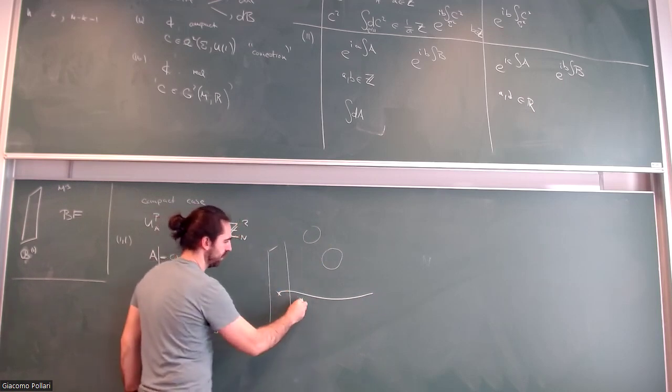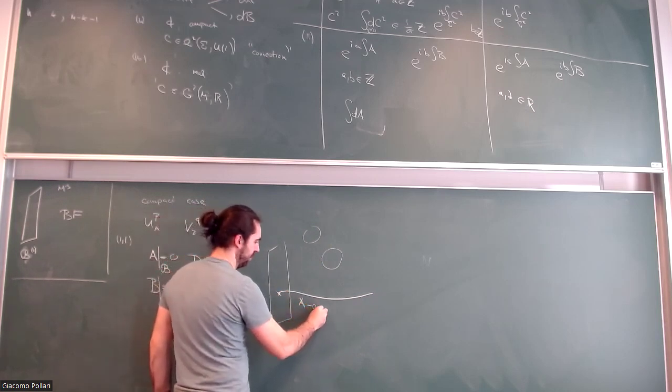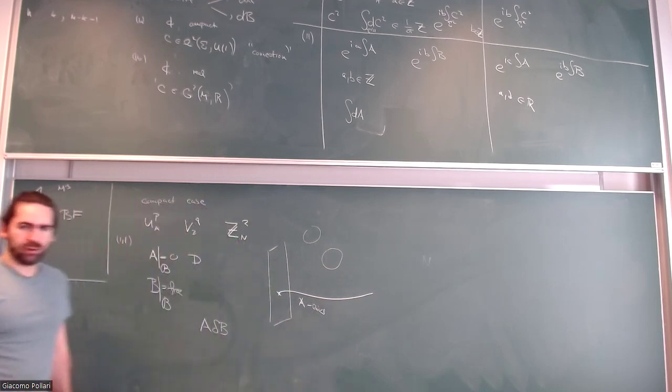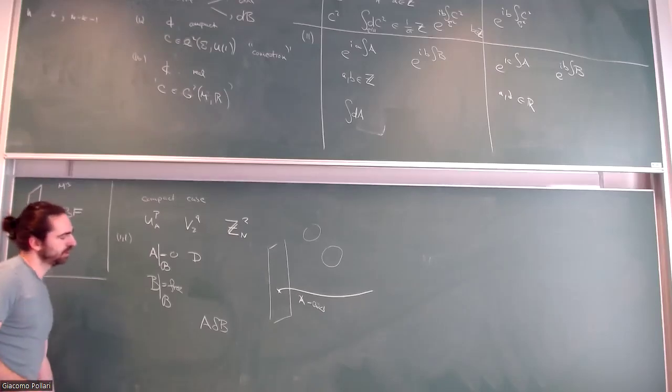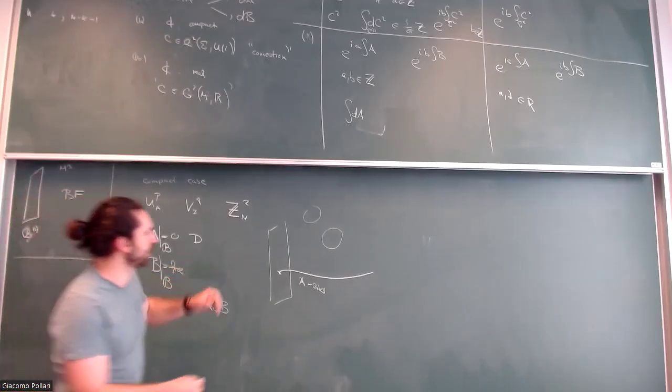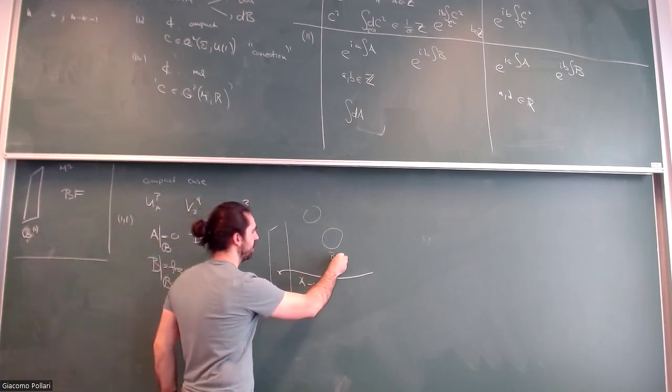So these are A lines. Right? They are the A lines, and so A lines, B lines are just like that. Lines.